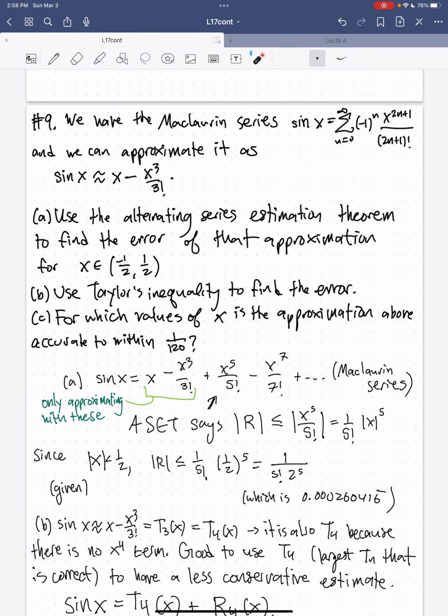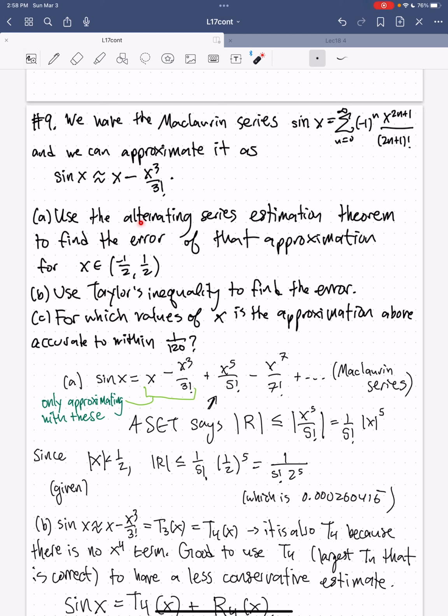This number 9 is a pretty involved one, and we'll be going over examples similar to this on Monday as well. So given the Maclaurin series for sine x that we've seen a couple times already, we can approximate sine x using just the first few terms. So you can say that sine x is approximately x minus x cubed over 3 factorial.